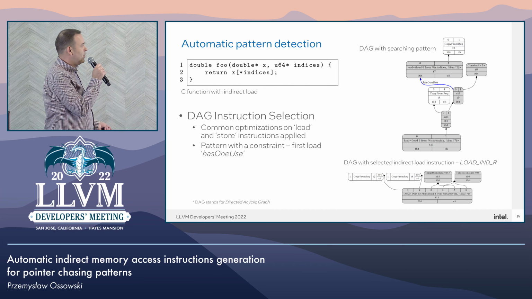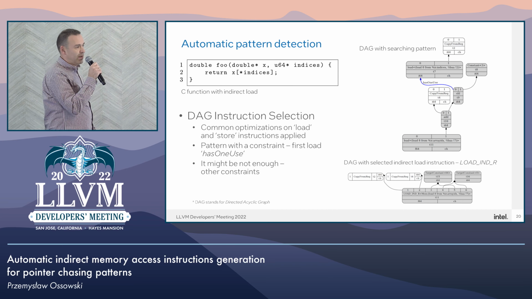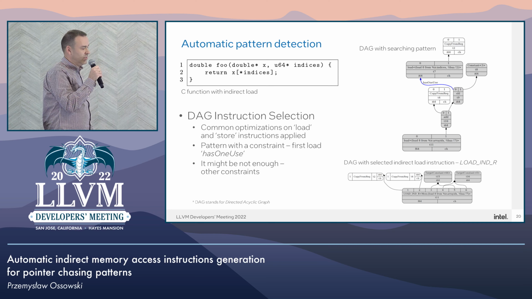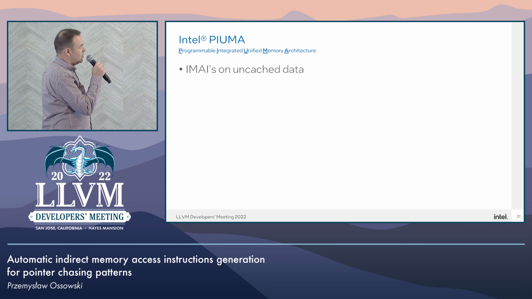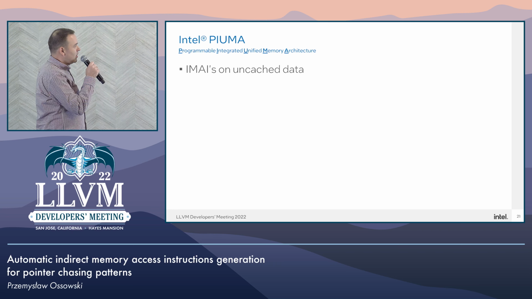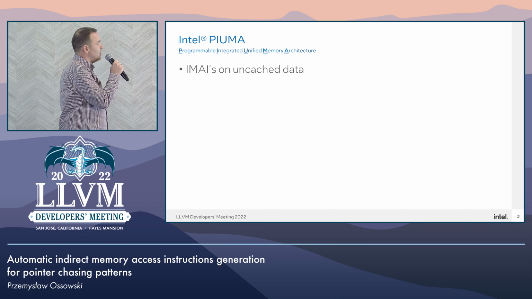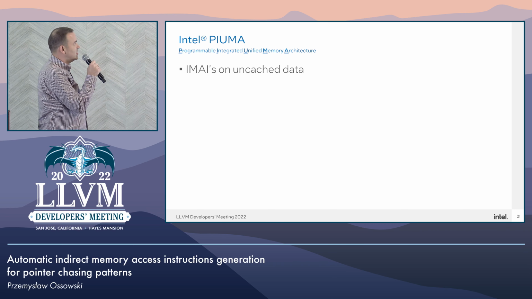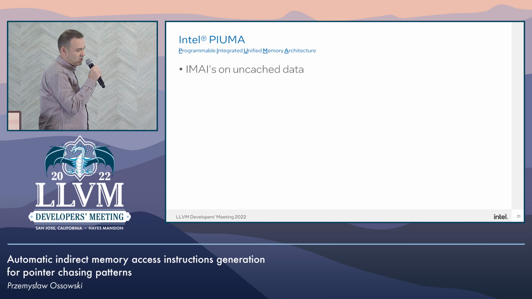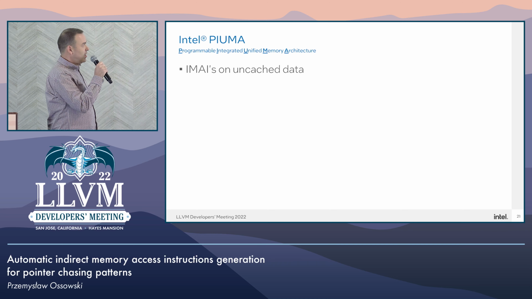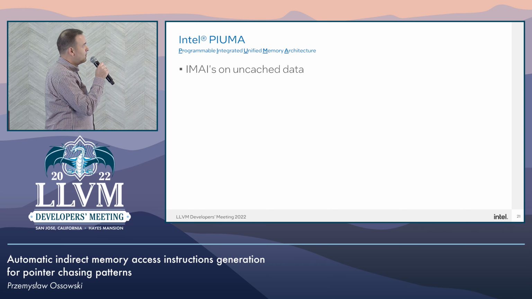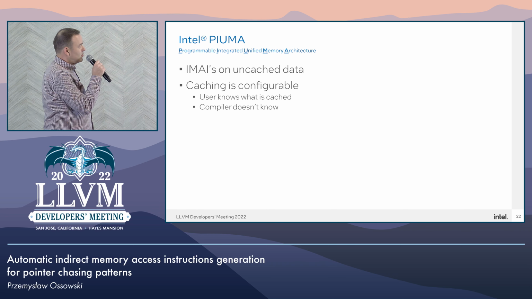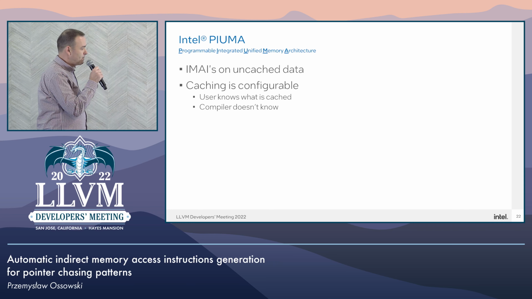All right, so we eventually end up with such a load indirect instruction, and we might say we are done, but not always. Sometimes there might be other constraints. In our case, we were working on a prototype platform which implements this indirect memory access instruction, but this instruction doesn't support cached data. So it is limited only to uncached data.